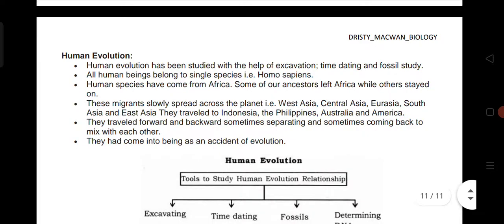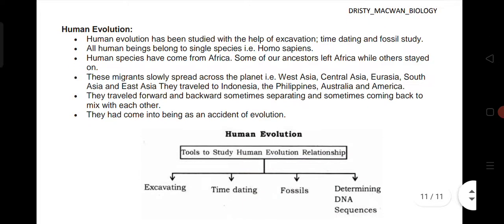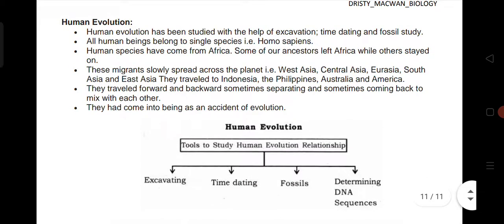The last and foremost part of this chapter is human evolution. Human evolution has been studied with the help of excavation, time dating, and fossil study. Excavation, that is, in previous eras like the Stone Age, people were living in caves, right?